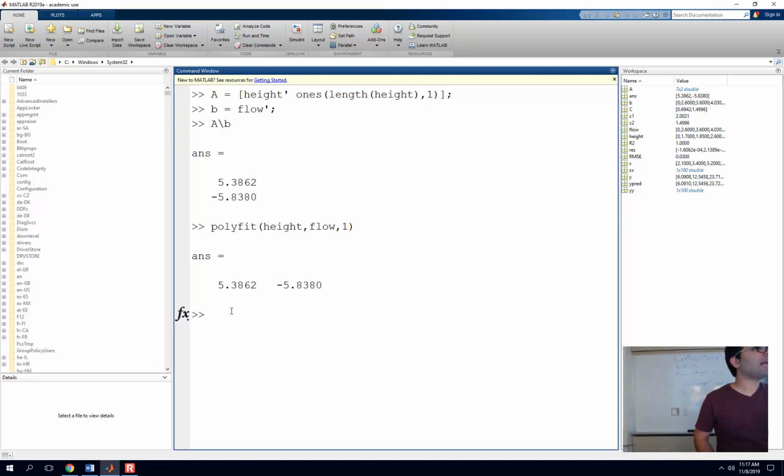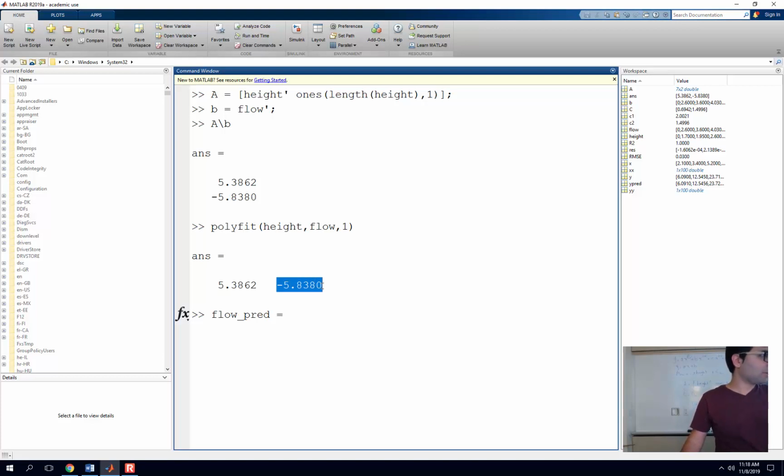If you want to calculate RMSE from this, you are going to need flow pred, right? You have flow, you are going to need flow pred to calculate the residual and calculate RMSE. Does it make sense? Flow pred is equal to, previously we had this times x, or height in this case, plus this, and that's it.